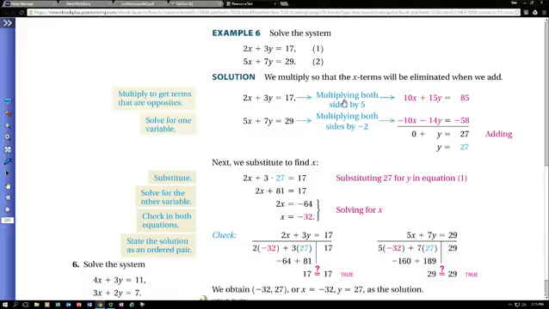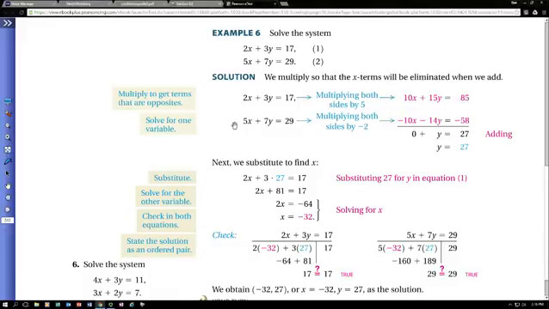We're using the distributive property twice, and a whole bunch of problem solving to figure out what to multiply by. So they end up with this equivalent equation of 10x plus 15y equals, and then I also have to take 5 times the other side, which is 85.